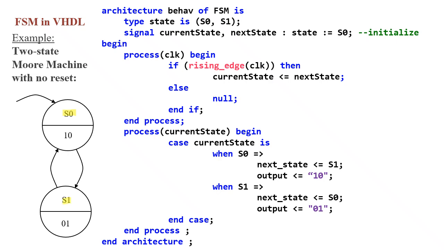At the bottom half of every state, you see the value of the output. Sometimes you see the value with its variable name, meaning y equals 10, for example. Or in this particular case, the assumption is that the output is called output. So we have a circle to represent each state. The top half of the circle puts the state name, and the bottom half shows the output of this particular state. So every state will have a specific output to be updated.